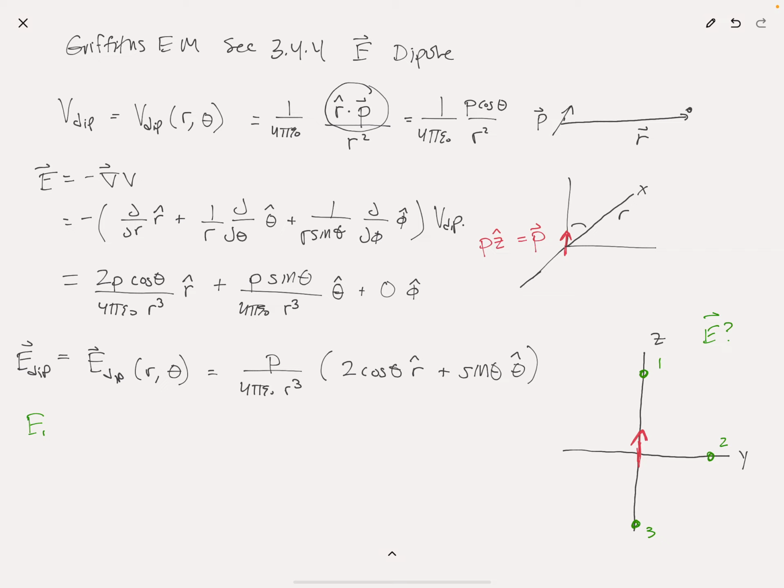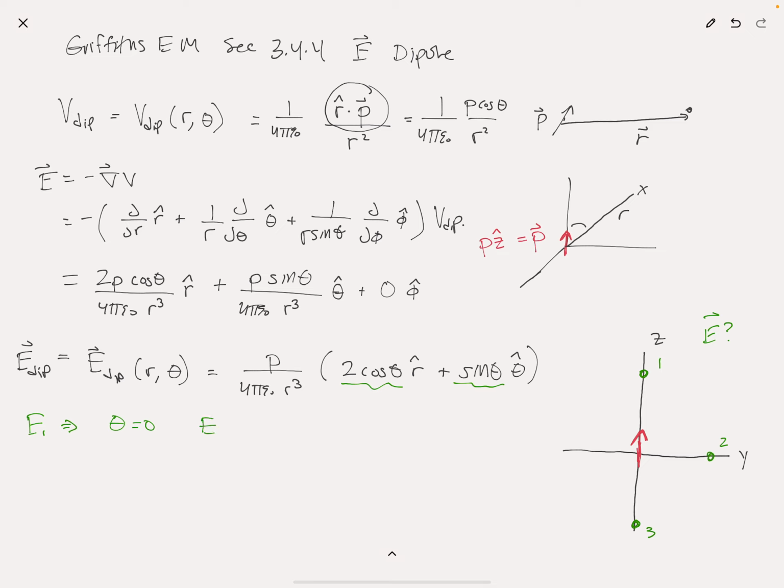E1 is going to, I mean, all of these are going to depend on what the polar angle theta is. Theta for this is going to be equal to 0 because I'm along the z-axis.